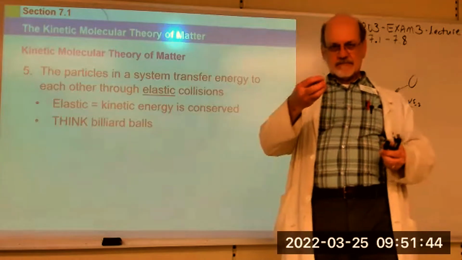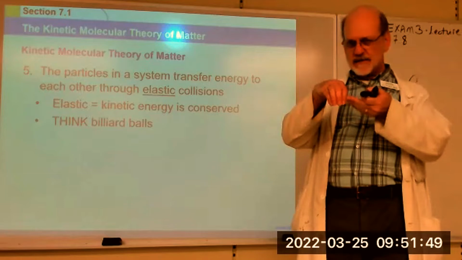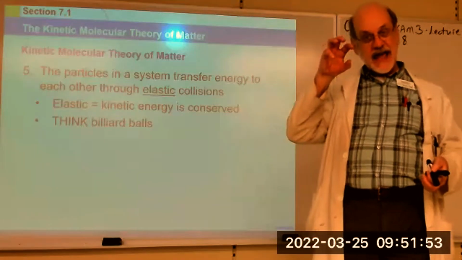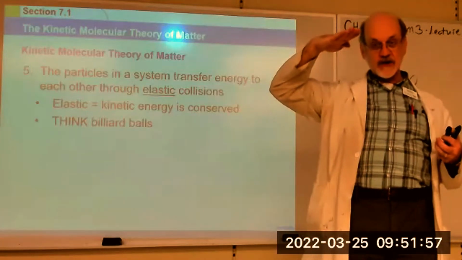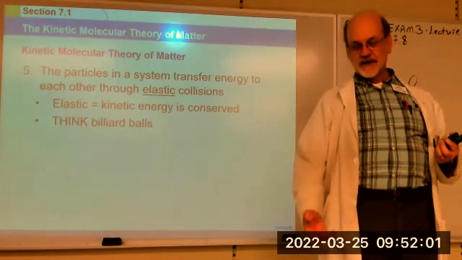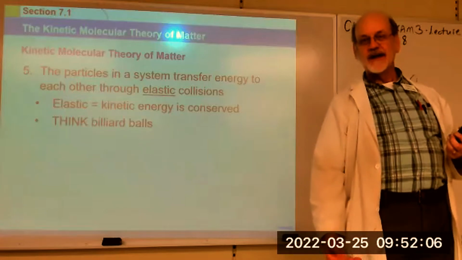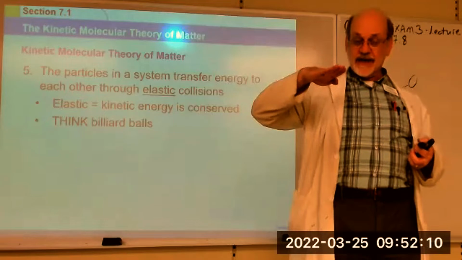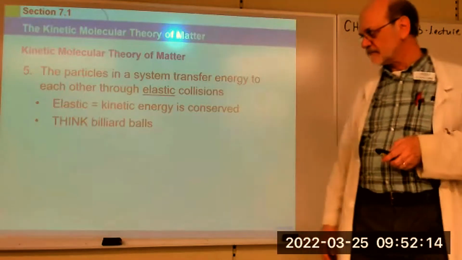You can drop the ball from here on a hard surface and it'll come back almost to exactly where it was. So it gained kinetic energy due to its gravitational position. And when it hit the floor, it had a certain velocity, and then it had an elastic collision with the floor, and it got its kinetic energy back and helped it rise to that same level before you dropped it. Right?